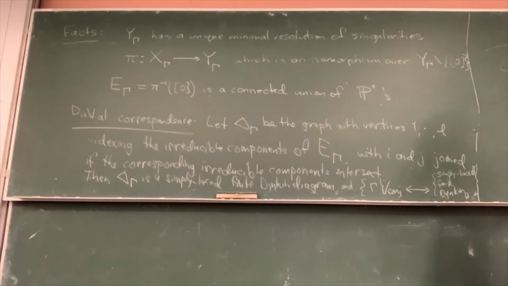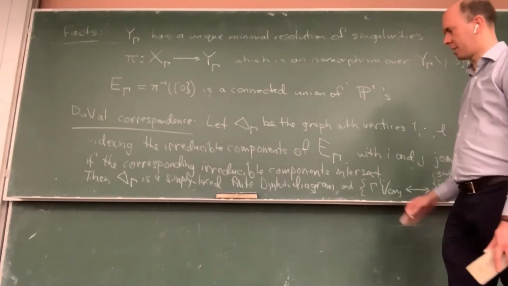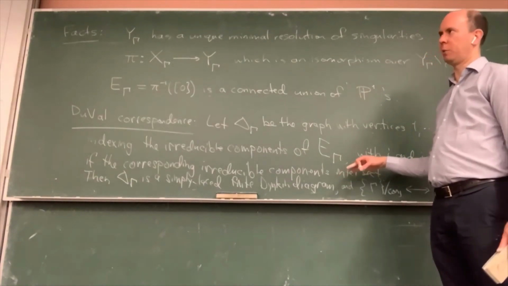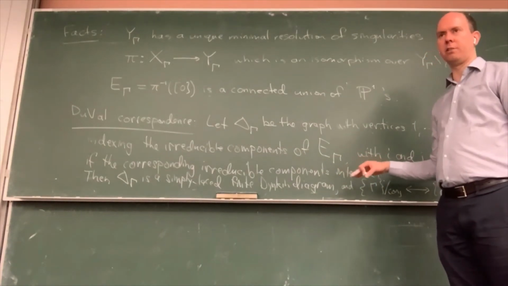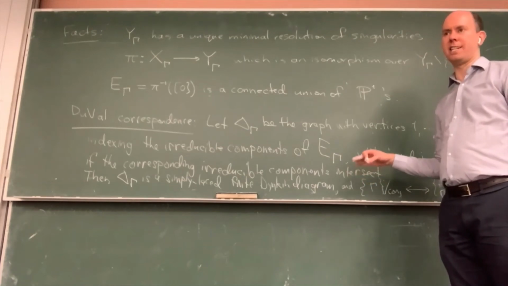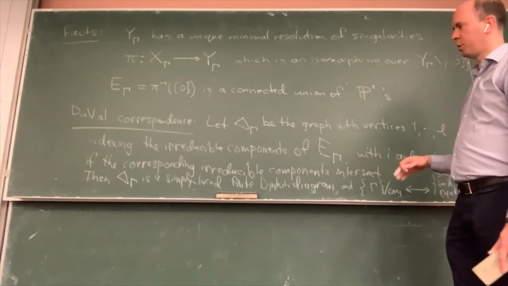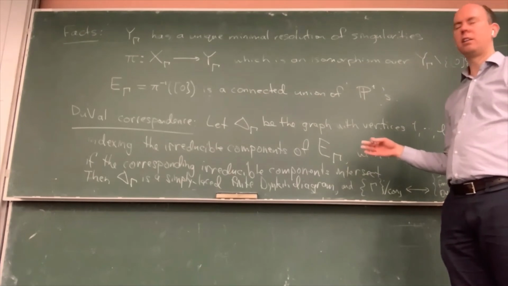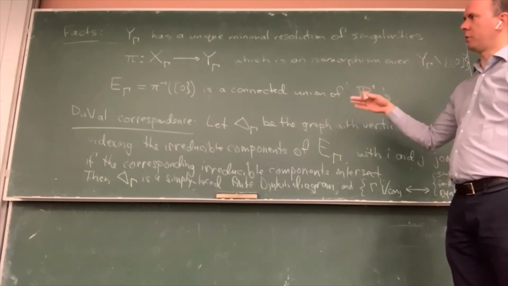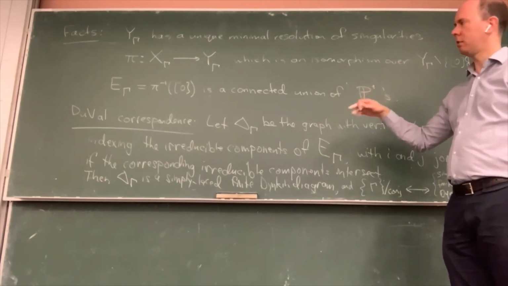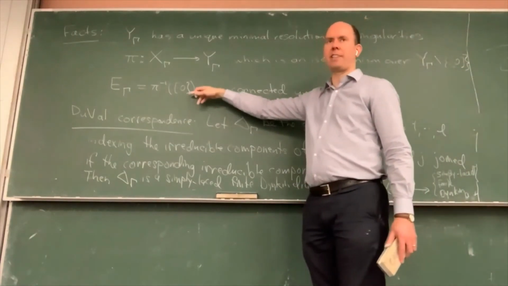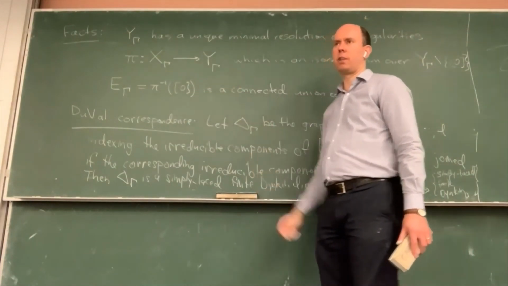So this was the original way of seeing the classification of finite subgroups of SL2 as an ADE classification: you can produce the finite Dynkin diagrams by considering the minimal resolution of the Kleinian singularity and looking at the intersection pattern of the irreducible components of the zero fiber.